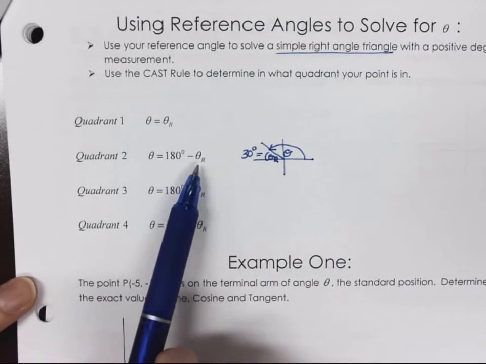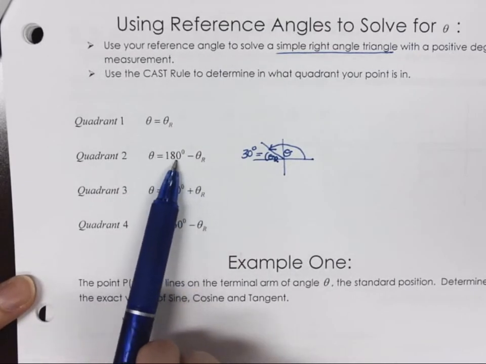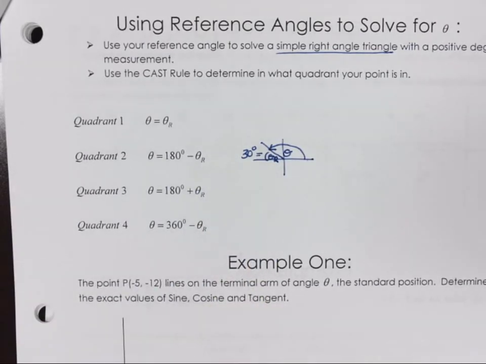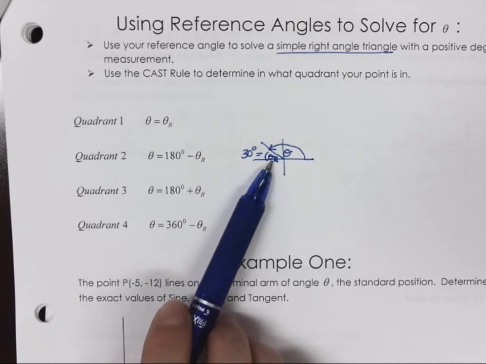Because we're taking our reference angle, subtracting it from 180, and that tells us our angle in standard position. This right here, that's theta reference, theta r.